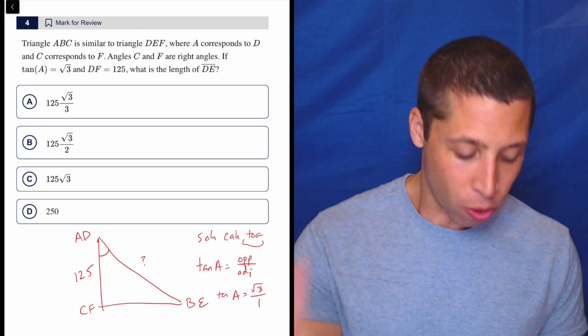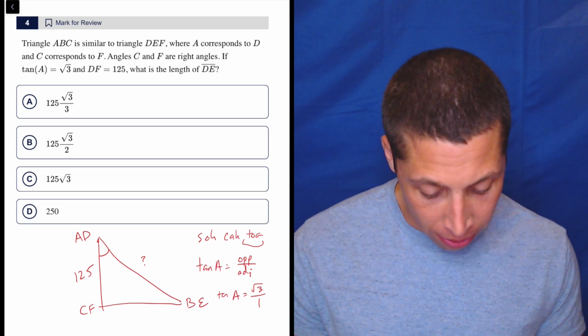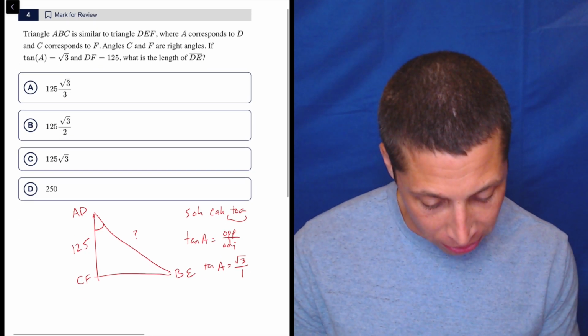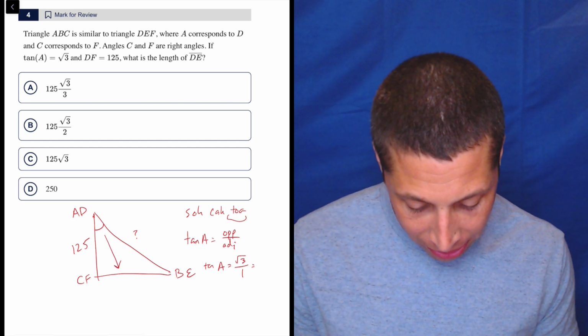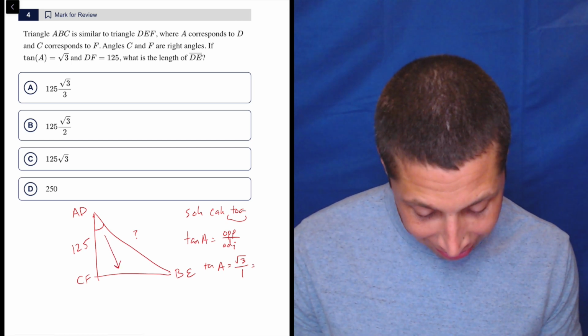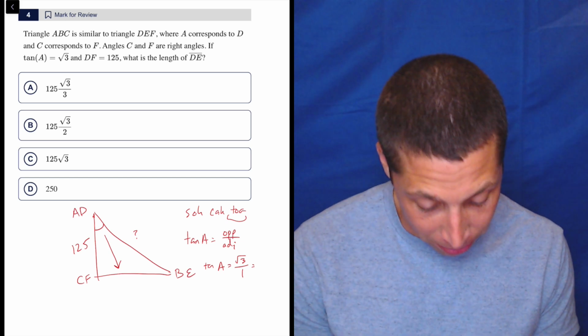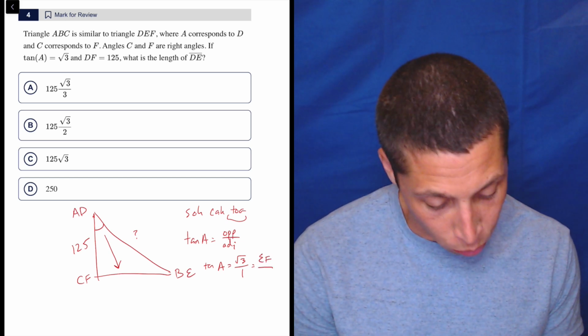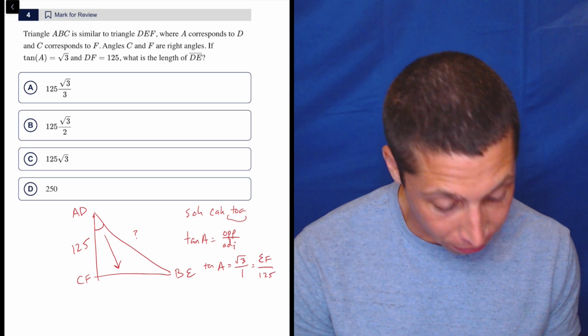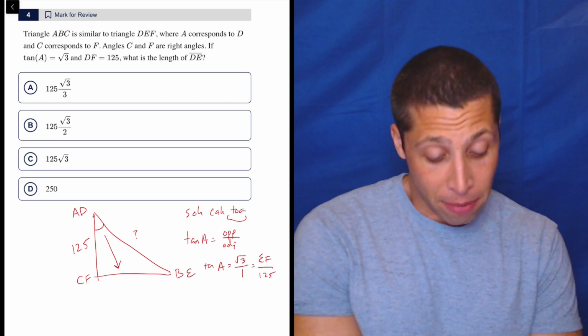So that's what we're going to do, radical 3 over 1. So opposite, what is the opposite of A? I'm running out of space here, but the opposite is across. I'm going to do it in terms of the D's. So that's going to be EF, and then adjacent is the 125. That's the DF there.